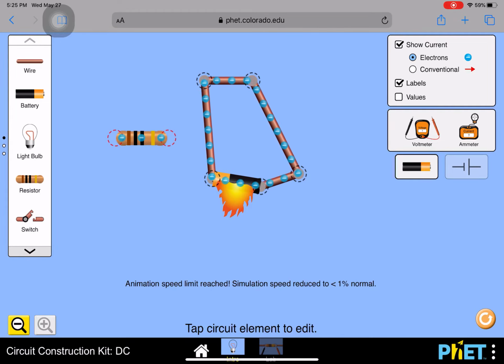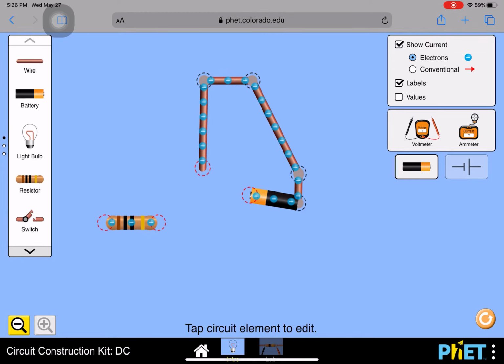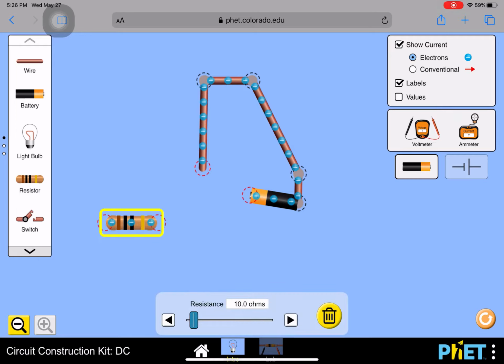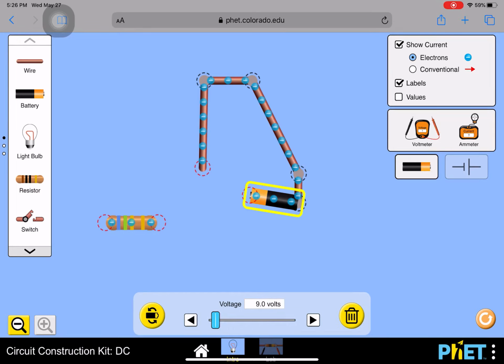So I'm gonna go ahead and cut this. All right, now when you select the resistor, you have a little tab at the bottom, and you can actually toggle the resistance. Okay, same thing with the battery. If you select the battery, you can toggle the voltage.